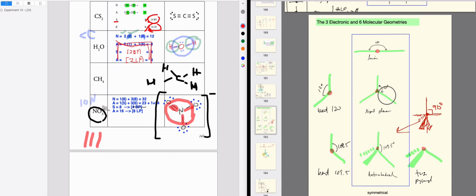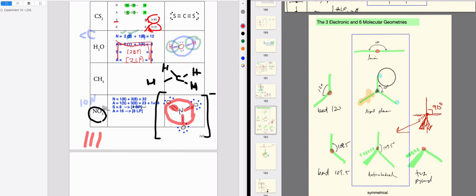So if you've got 3 of them, you're going to have one of 2 things. You're going to have either trigonal planar, in which case there's an atom on the end of each of these 3, or if you've only got 2 atoms and one of them's a lone pair, if you have 2 atoms and a central atom, and this thing is a lone pair, you're not going to see it.